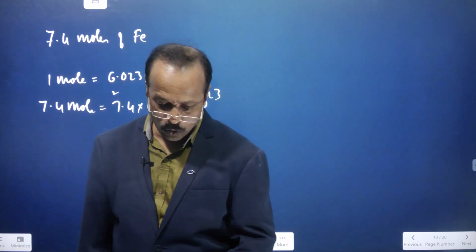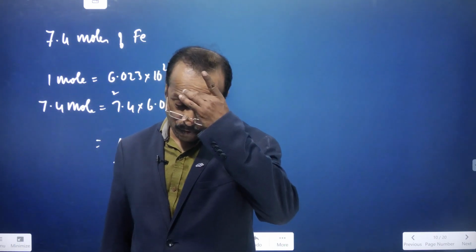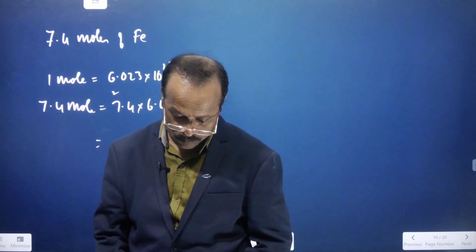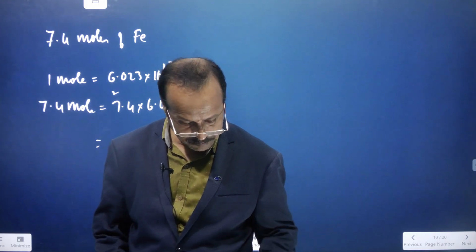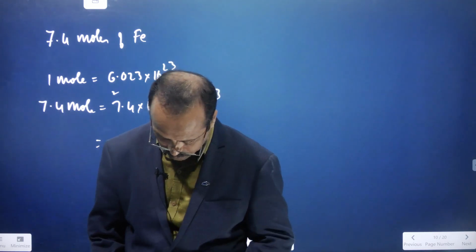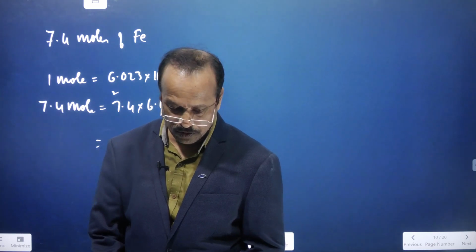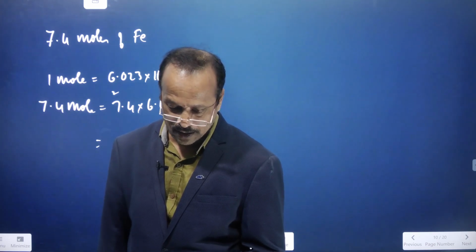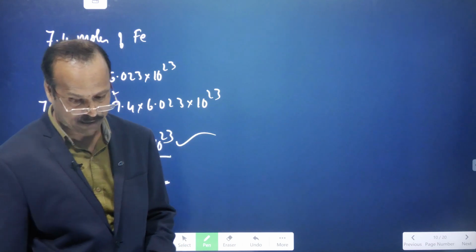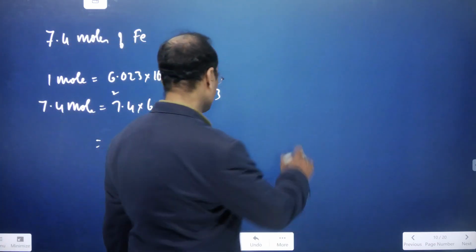And calculate the total number of electrons present in 1 point. Sorry, where is the page here? So fifth one, you say 44 grams of carbon dioxide occupy 22.4 liters at. Okay, so here how can you do?